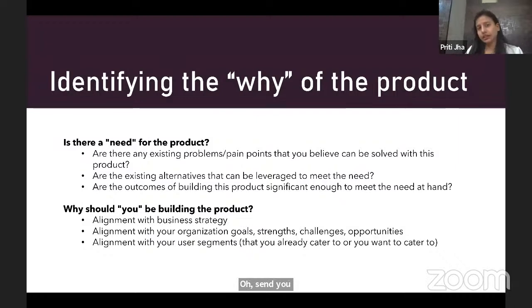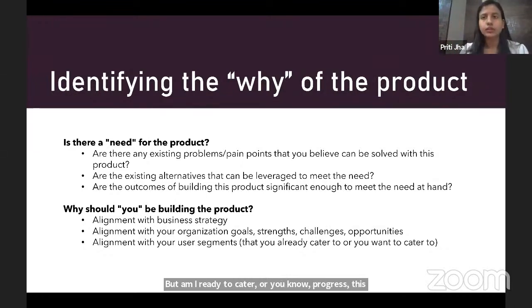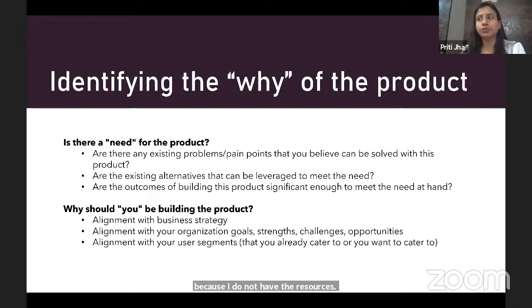But am I ready to take this pickle through an e-commerce platform and send it across the globe? Let's say at this point in time, I'm not ready to do that because I do not have the resources, I do not have the strengths, I do not have all of the backing that I need for that.